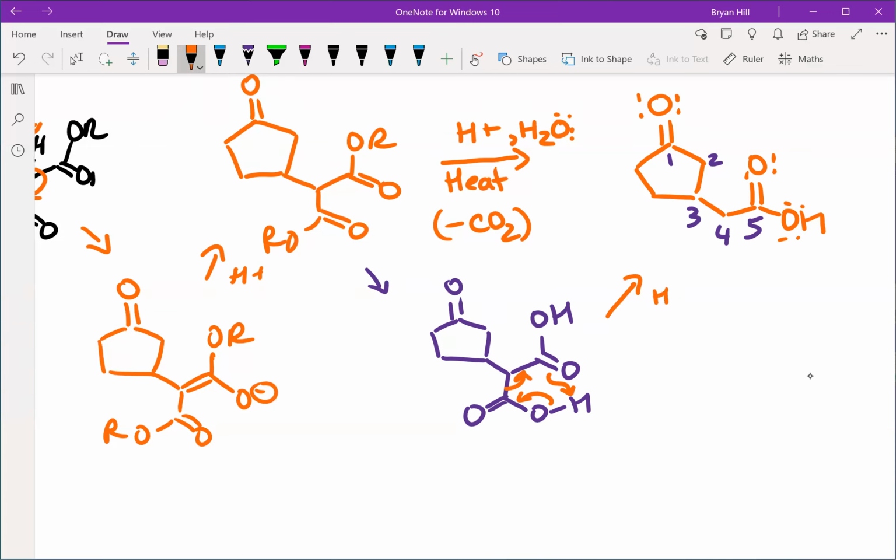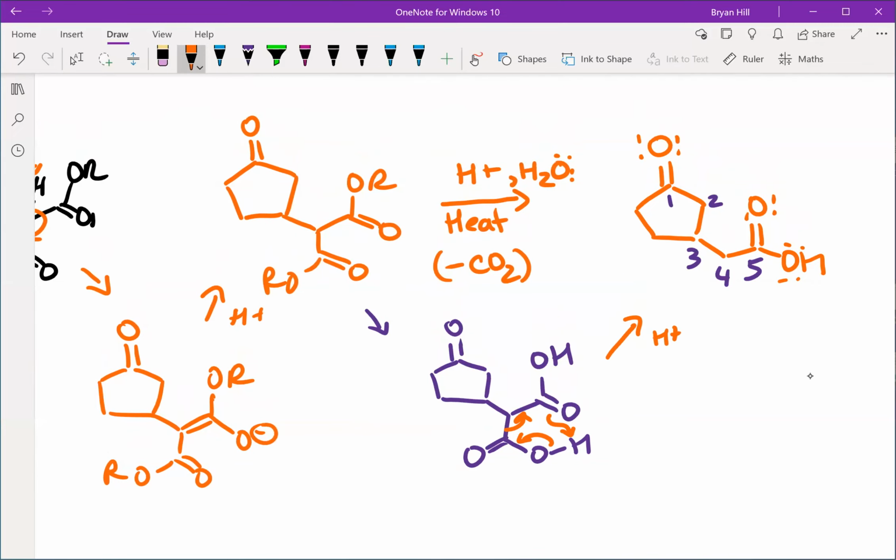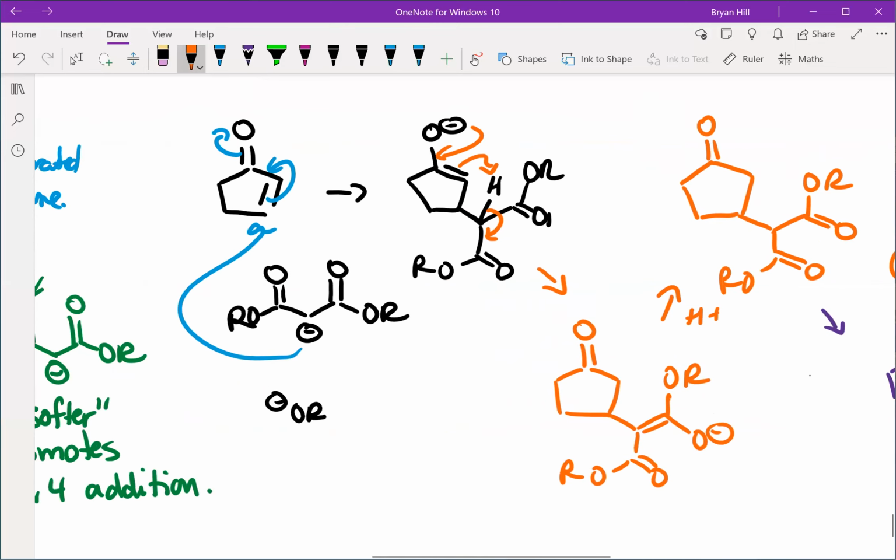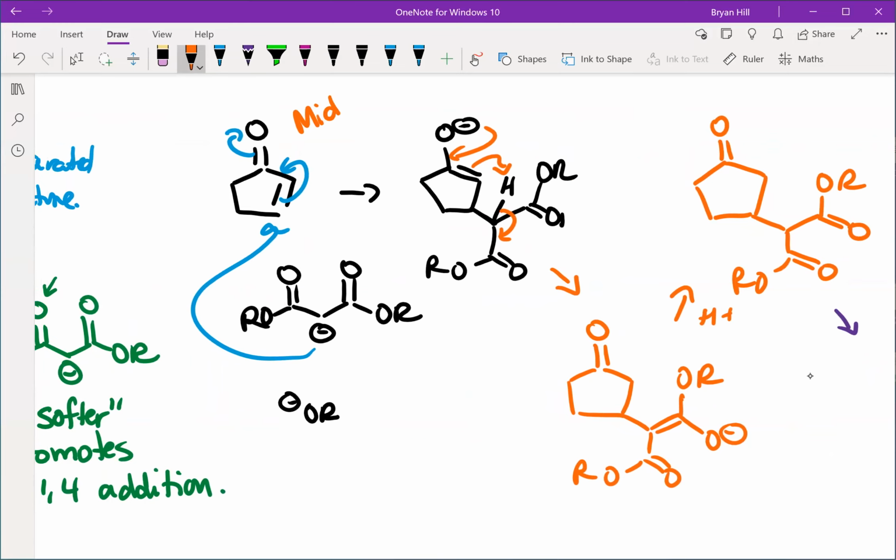And you're going to end up adding H plus eventually. But that's basically how you can decarboxylate our diacid. You end up with your species, which has got the 1,5 relationship. So in this case, we're using the ketone, which is the alpha beta unsaturated ketone, as the Michael acceptor. Can't spell today. And our nucleophile in this case is the malonate.